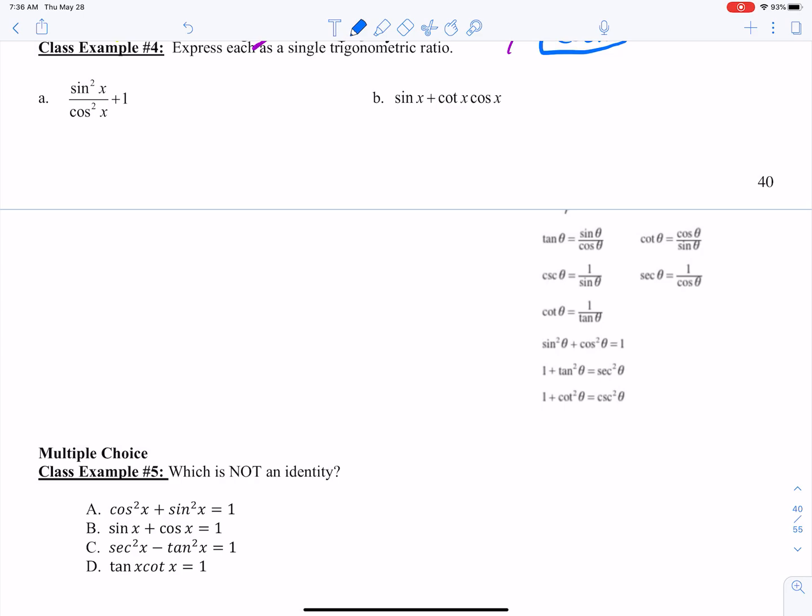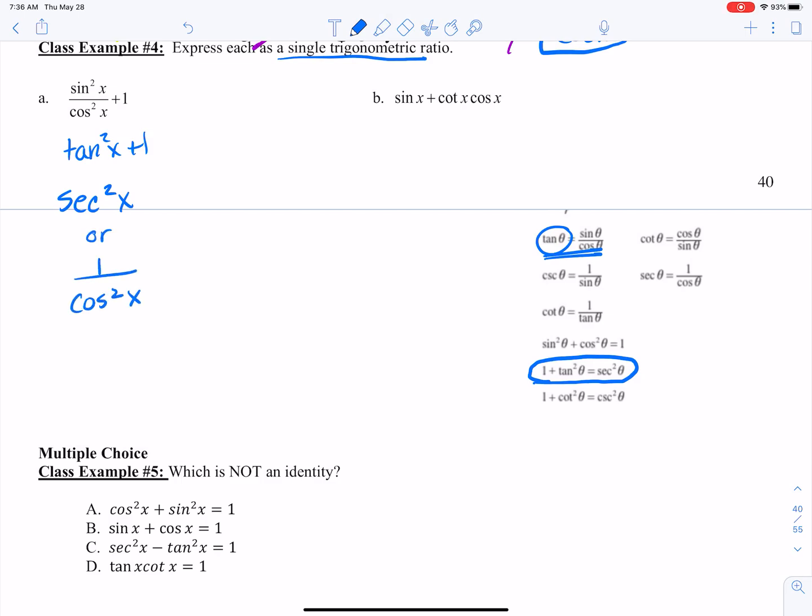So I know sine squared x over cos squared x is actually equal to tan squared x using this identity. When I see that tan squared x plus 1 is equal to sec squared x, now we have expressed it as a single trigonometric ratio. If you would have put it this way, it also would have been correct. So these are your 2 correct answers here.